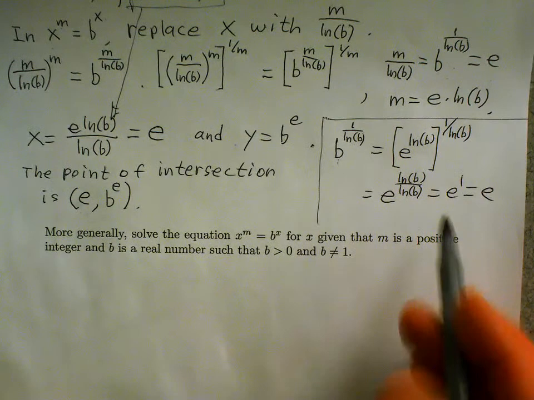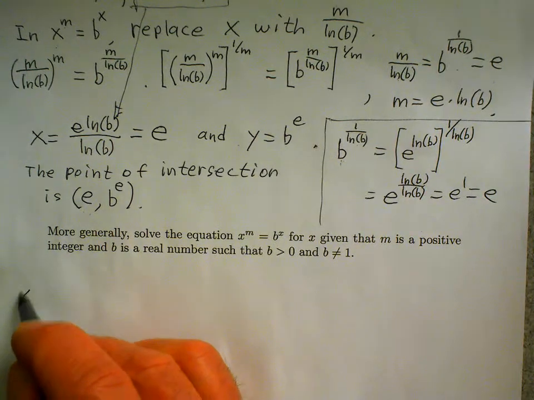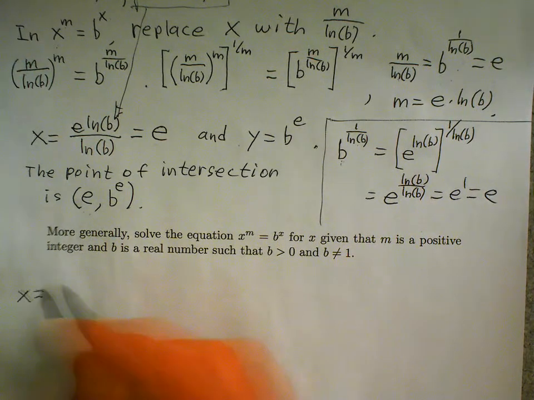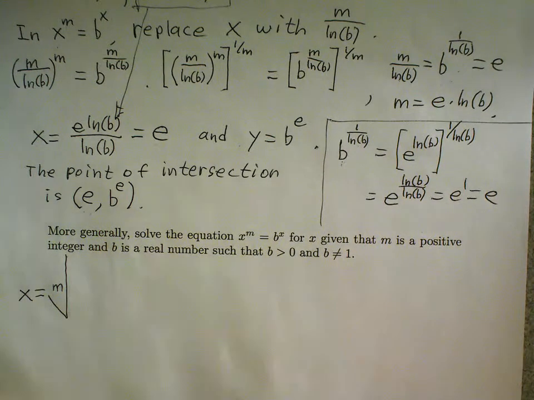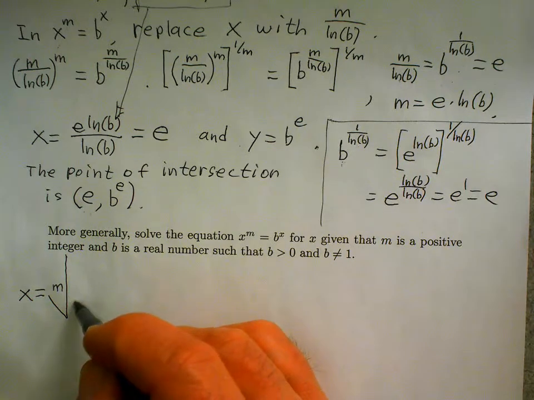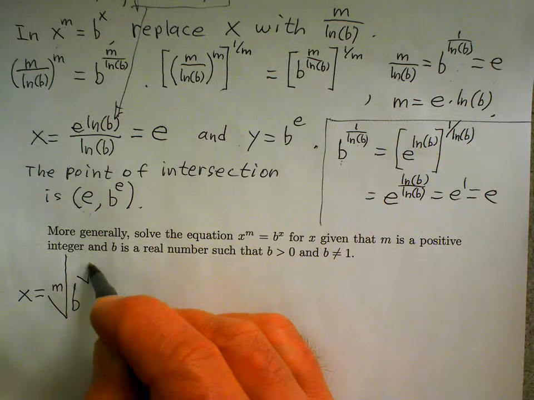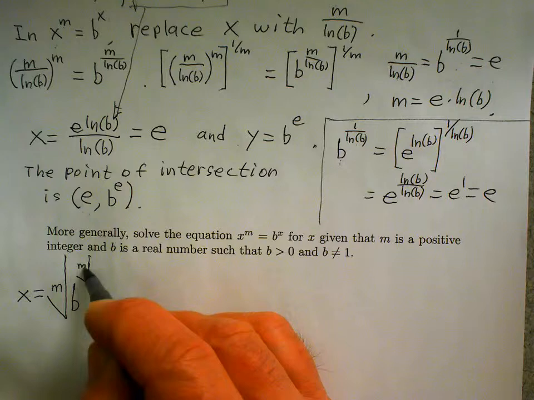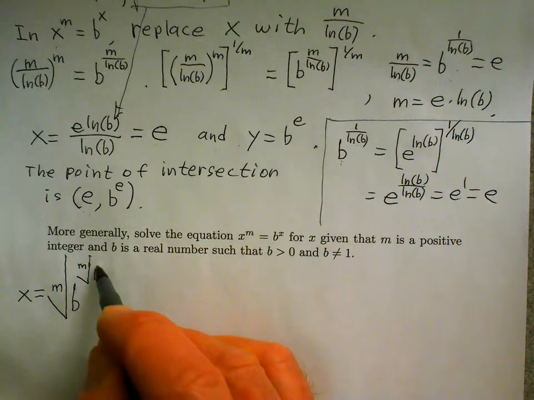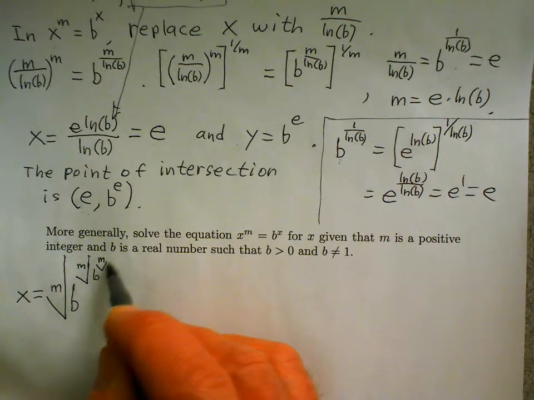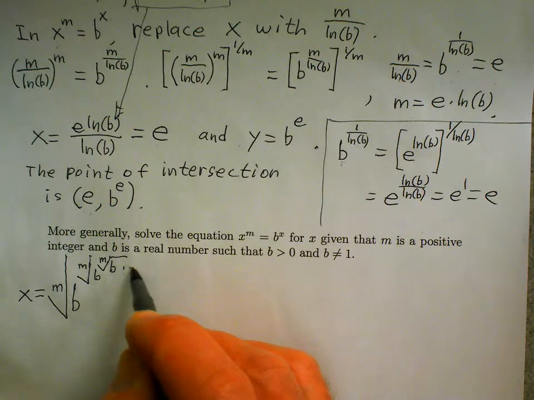Okay, but I'm just going to suggest something that might seem really weird. I'm going to pick x to be the mth root of b raised to the exponent, which is the mth root of b raised to the exponent of the mth root, and so on.